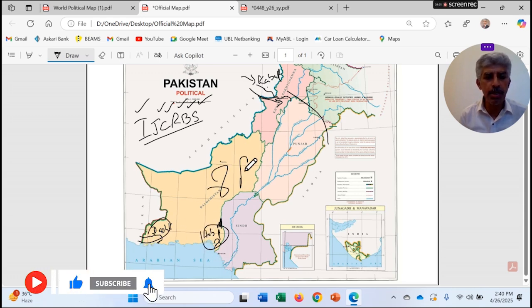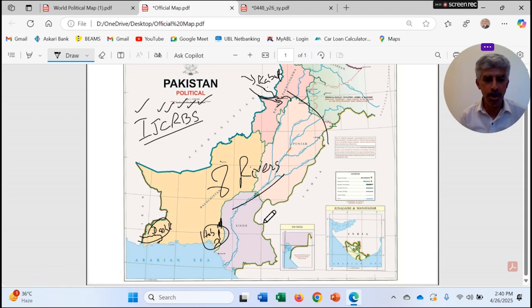So 8 rivers you are supposed to learn, you are supposed to identify, you are supposed to label on the map. So up to this point, we're going to stop, and in the next lesson, we'll talk about the topography and the labeling of certain mountain ranges in Pakistan, and then we'll talk about the characteristics of all those mountain ranges in Pakistan. And up till now, this is over.